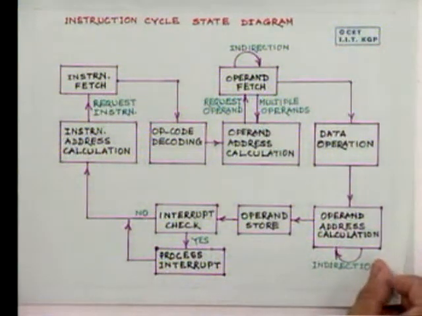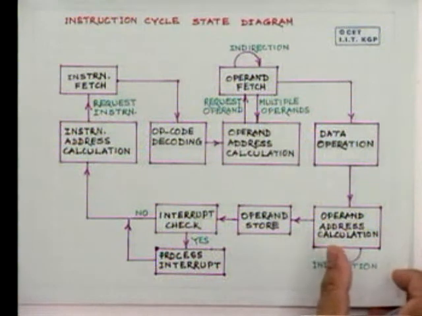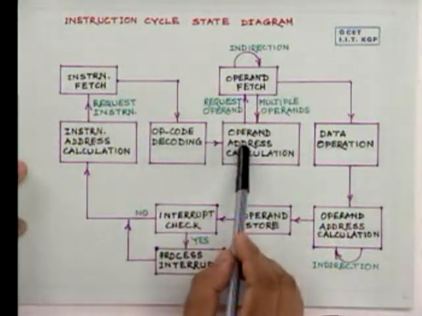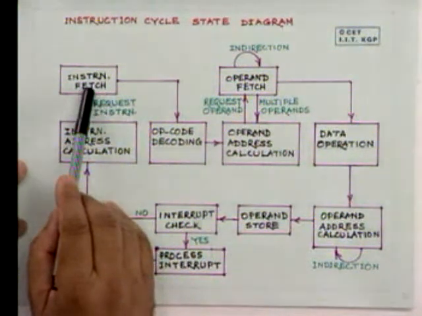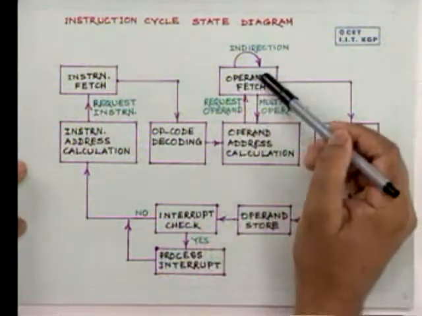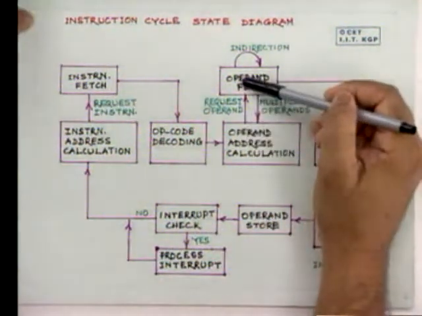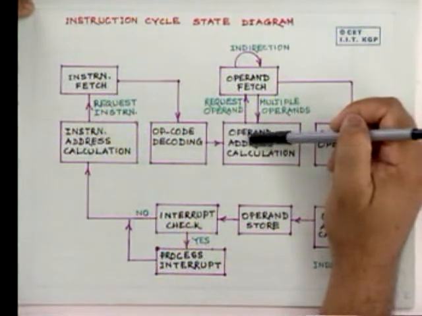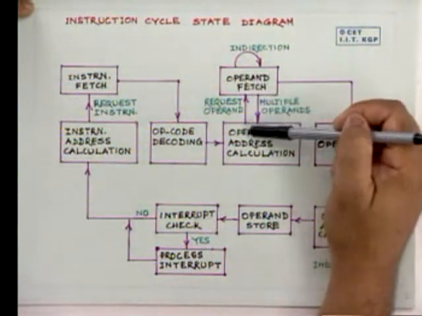Now, to see that at every step, like instruction fetch, then operand address calculation, then operand fetch, etc., what micro operations are involved, let us see how these operations are performed.